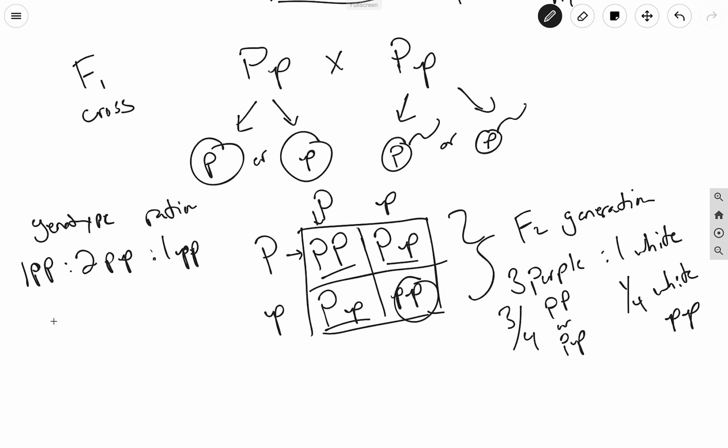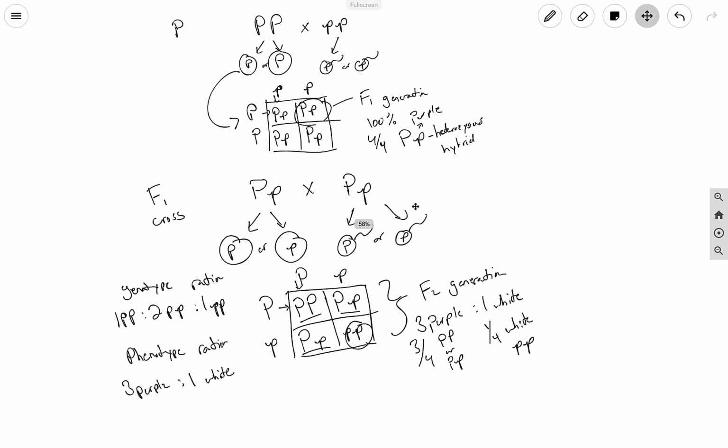The other description we often use is the phenotype ratio, which, again, phenotype is the color, where we would have 3 purple for every 1 white. So you should expect to get questions where you have to draw a Punnett square and then describe the ratio of the offspring, either their genotypes or their phenotypes, like this.